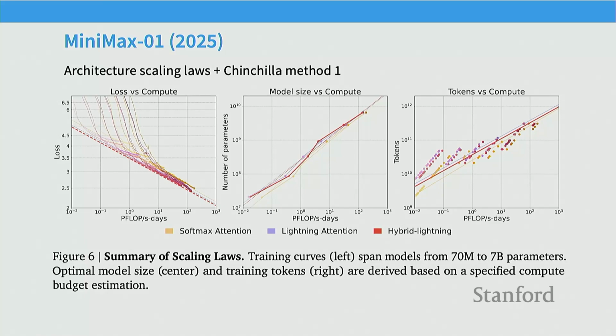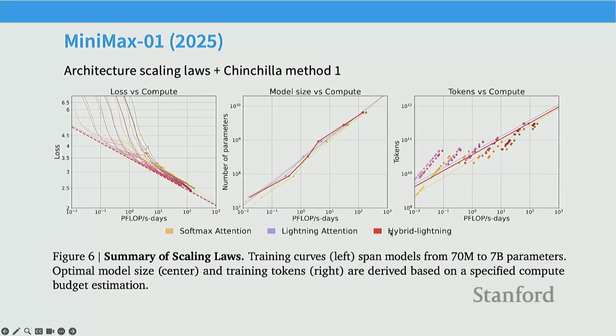Their interest is, well, what we're going to do is take softmax attention, which is quadratic, and they have this thing called lightning attention, which is a linear attention layer, which is linear time. And then they have a hybrid version of this model, and they want to figure out how much cost am I paying in terms of the performance of the model, going from softmax to linear to hybrid attention.